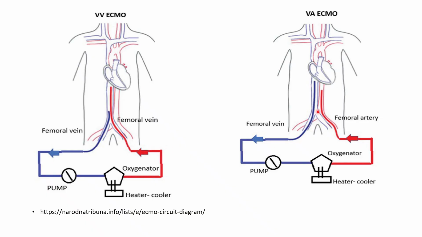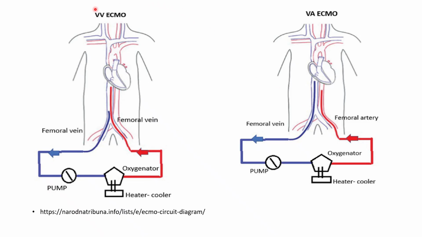But in VA ECMO, the drainage cannula comes out from the femoral vein, and from the femoral vein to the pump, and from the pump to the oxygenator, and the oxygenator is also connected to a heat exchanger. From the oxygenator the blood returns back through the return cannula, but this time to the femoral artery.